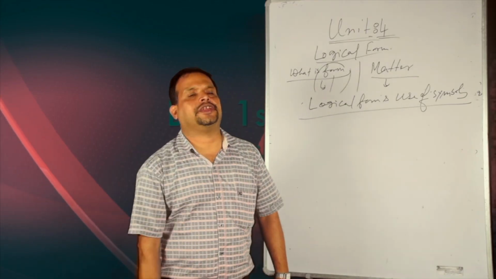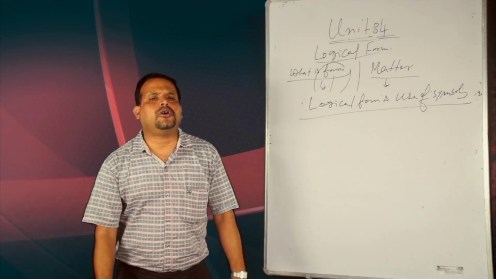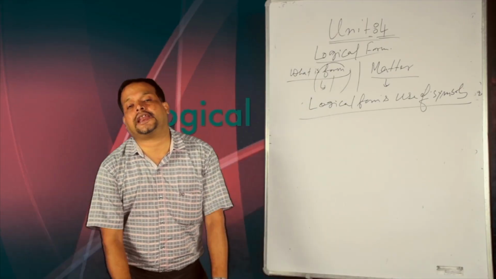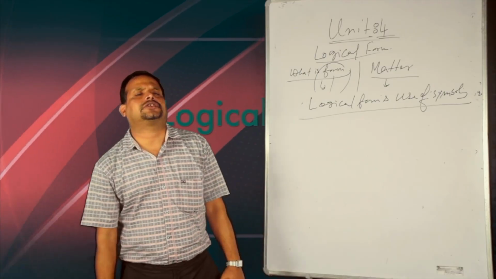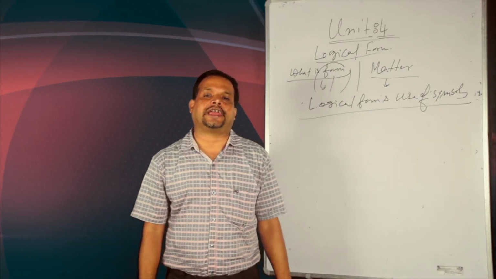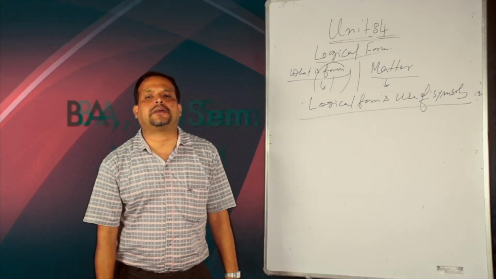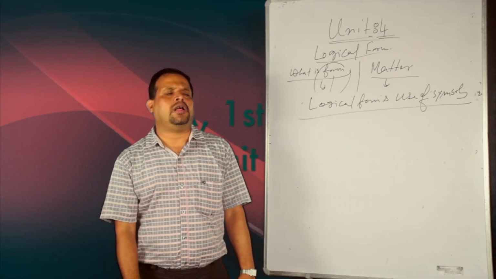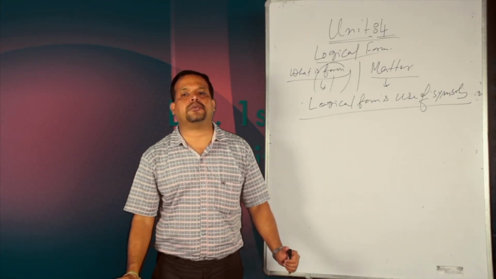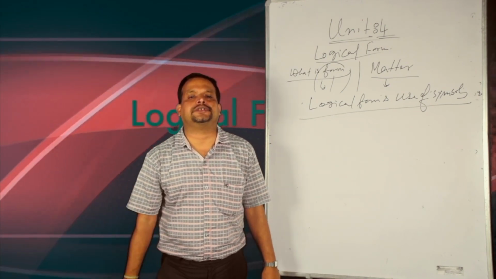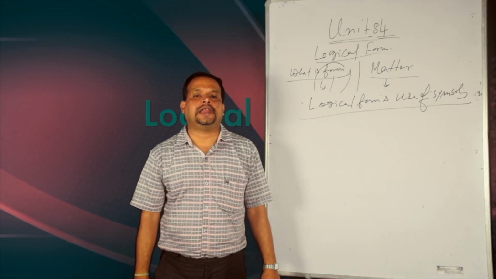Modern logic, dear learners, is a development of traditional deductive logic which is completely formal in nature, just like mathematics. Like mathematics, it makes use of the deductive method. The use of symbols makes the argument free from ambiguities of ordinary language.